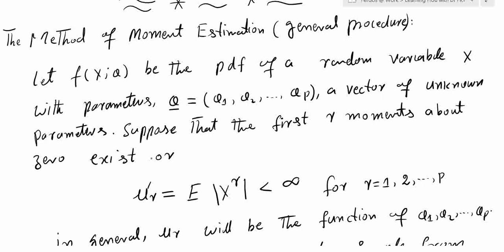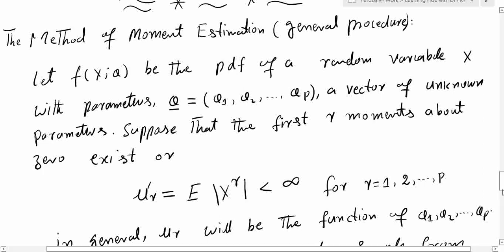So the statement says that suppose the first r moments about 0 exist, or you can say the expected value of a particular moment, suppose rth moment, is less than infinity. This is the same statement that this moment exists for r equal to 1 up to p.